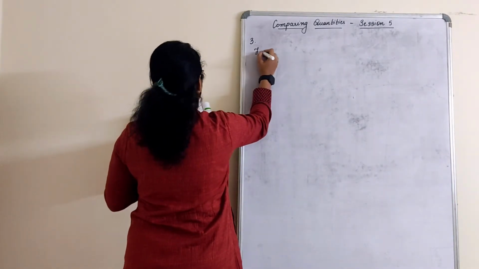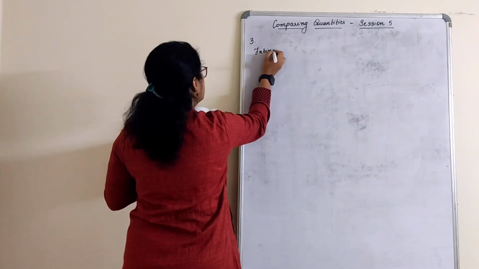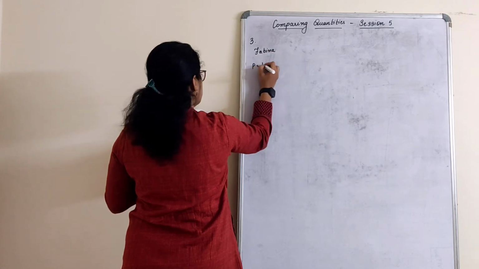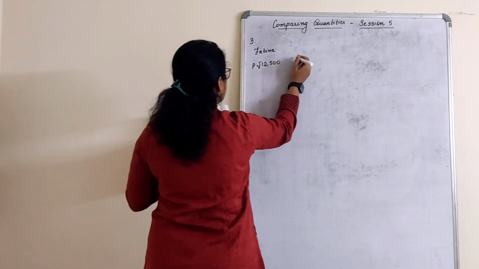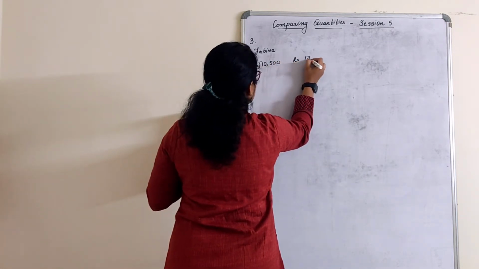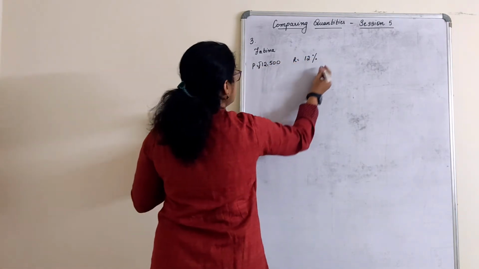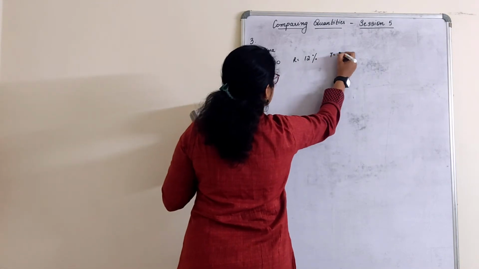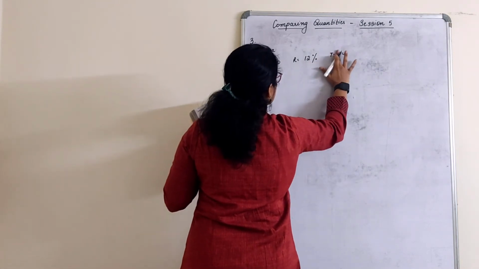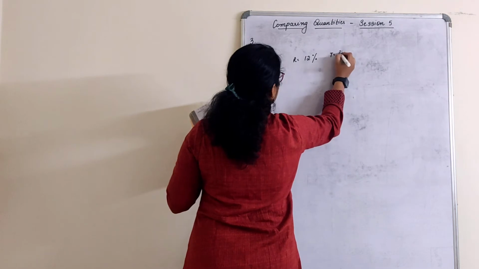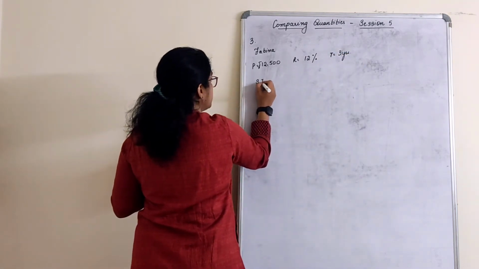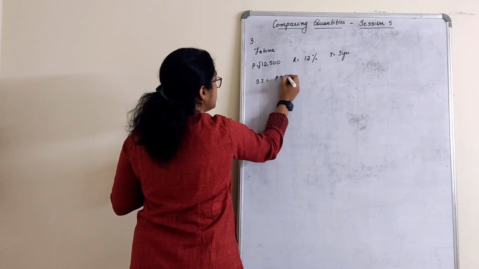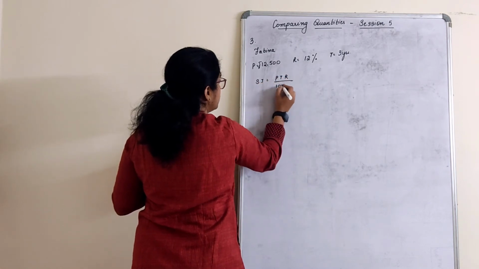So for Fevina first we will calculate. Principal is rupees 12,500. Rate of interest is 12% and time is 3 years. Okay. So simple interest is given by PTR by 100.